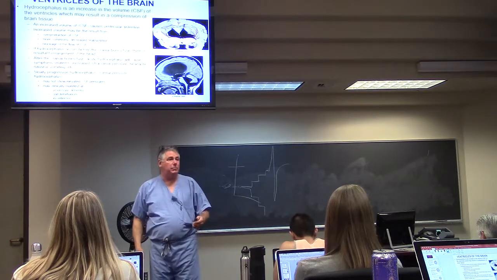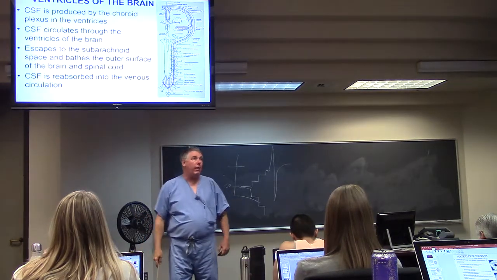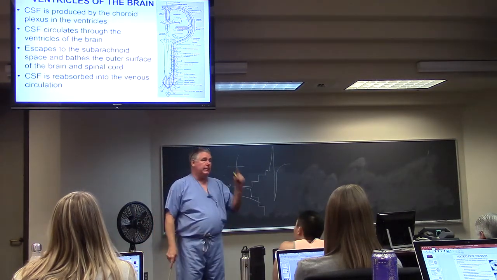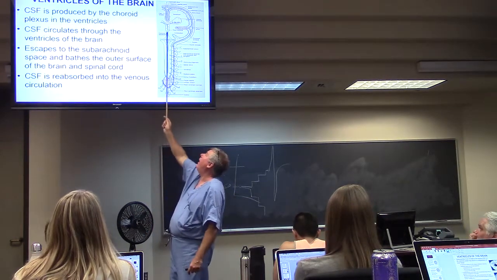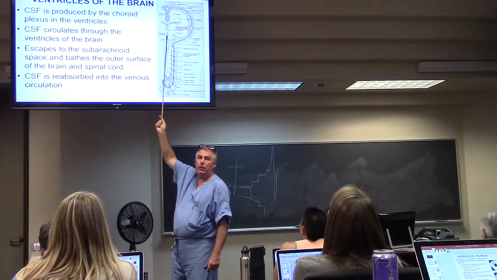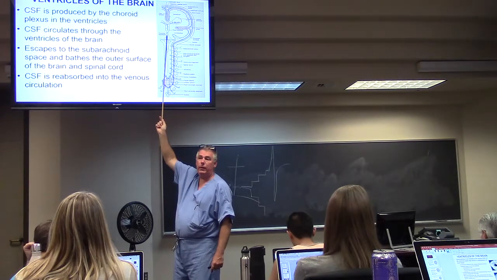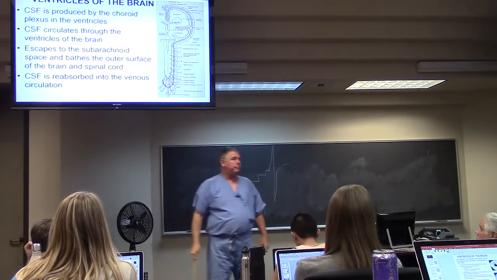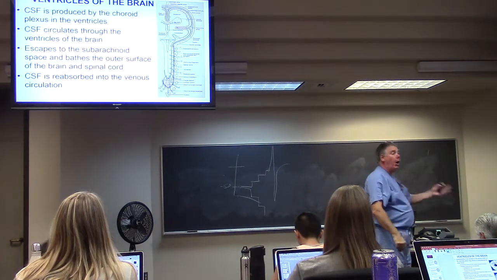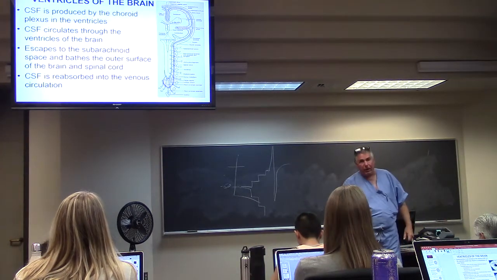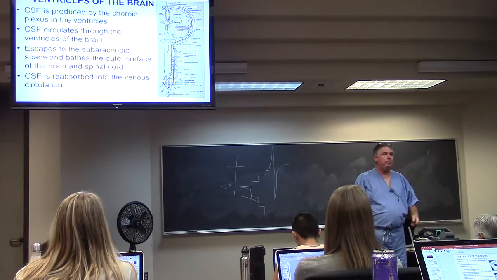And the easiest place to block the flow of CSF is at its most narrow point, and that would be right here in the cerebral aqueduct, in the brainstem. The specific part of the brainstem is the mesencephalon, and I'll show you that tomorrow.